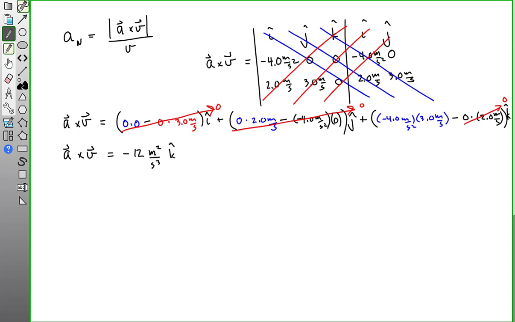And it makes sense that it's in the z direction, since because acceleration and velocity are both in the xy plane, when we take the cross product of those two vectors in the xy plane, the result is a third vector that's perpendicular to the xy plane, which would be a vector that is parallel to or anti-parallel to the z-axis.